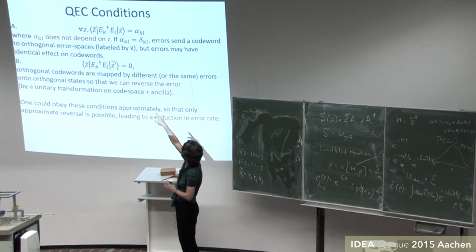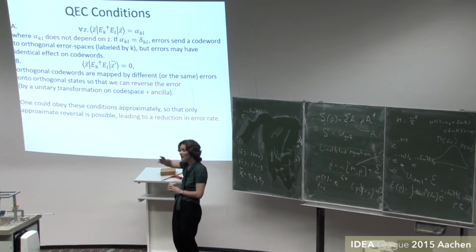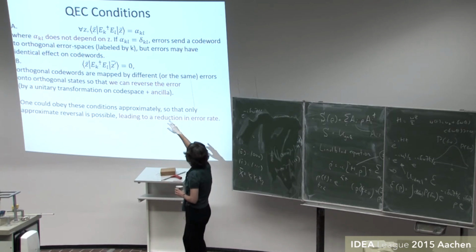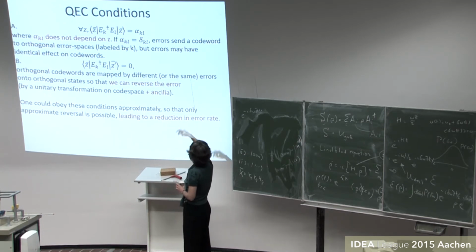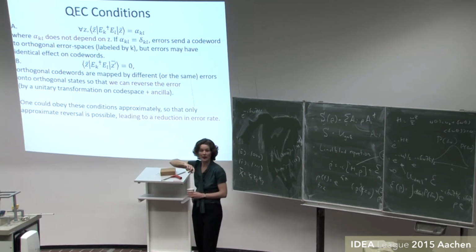Let's take z and z prime to be the same. Then I have a condition that says for all z's, so for all bit strings that I encode, the expectation value of that operator E_k dagger E_l is some alpha_kl. Now, what does that say? Well, what is important is that the alpha_kl does not depend on z.